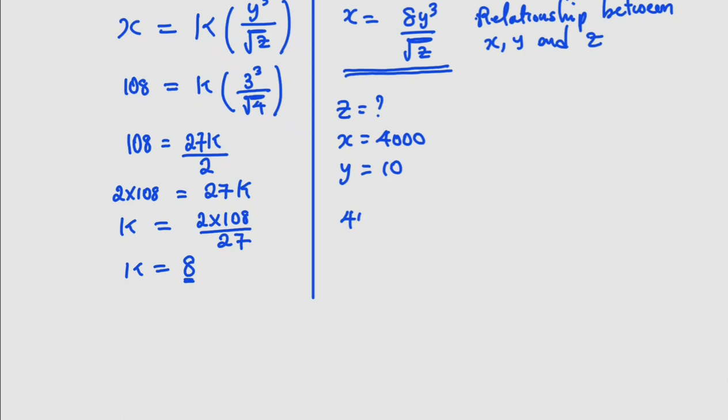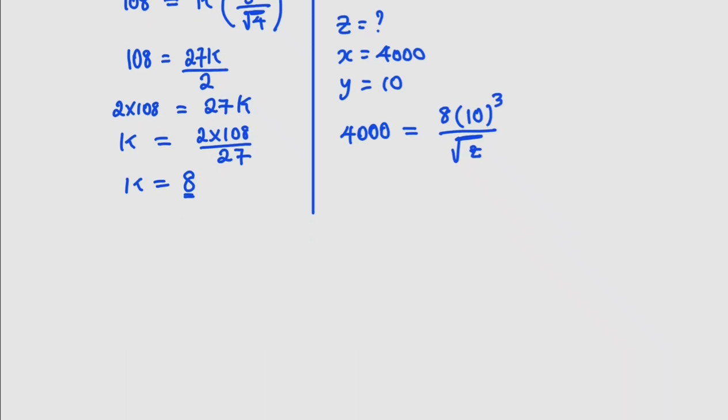So x, which is 4,000, equals 8 times y, which is 10 cubed, all over square root of z. If we do it well, we find that 4,000 equals 8 times 1,000 all over square root of z.